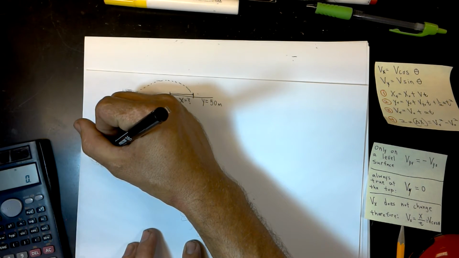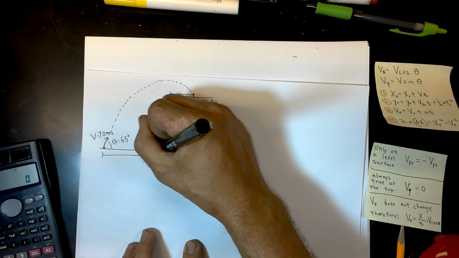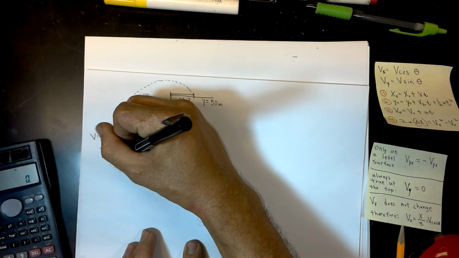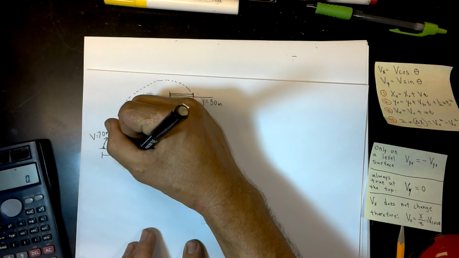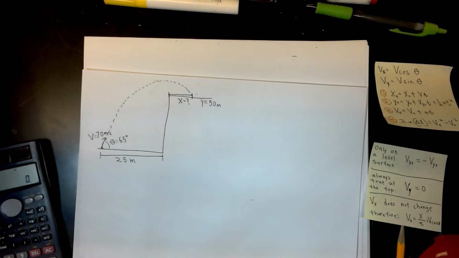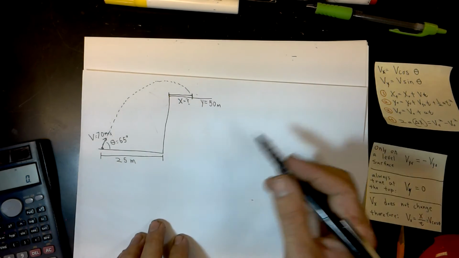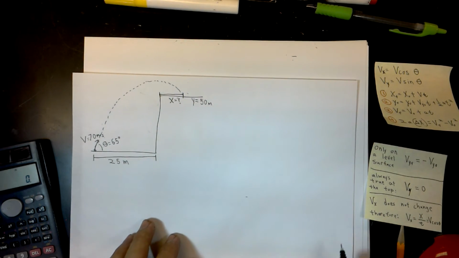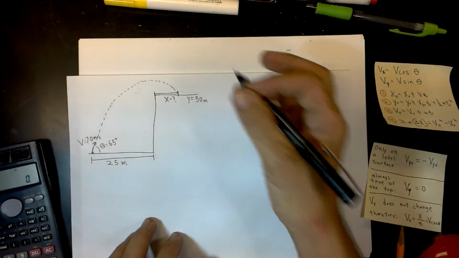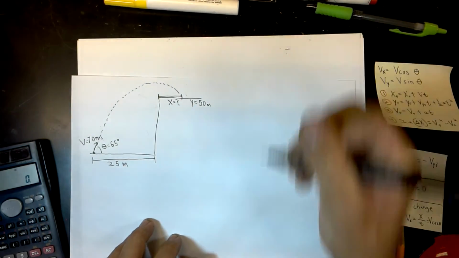So we'll say we're only about this distance right here. 25 meters. That should definitely end up on top of this building. Just thinking about the dynamics of this problem, pretty much for sure it's going to end up on top of this building and not bounce off the wall or come short of the building. Okay. This problem's a little interesting, but I just want to know this distance right here.